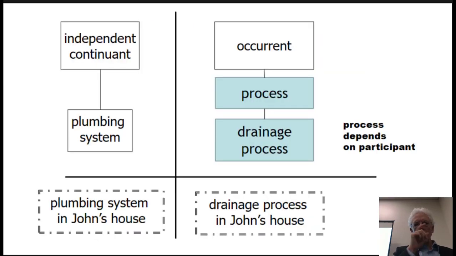And we can see this in a slightly more interesting case. So a plumbing system is an independent continuant. And systems are continuants. You build them and they exist for some time. And then they work, they function in processes. And one of the things that we're building is an ontology of systems which will describe these kinds of things, and then instances will be, for instance, the plumbing system in John's house.